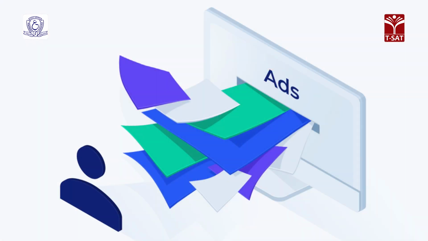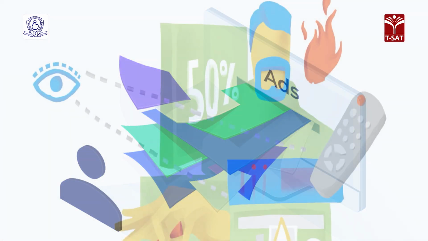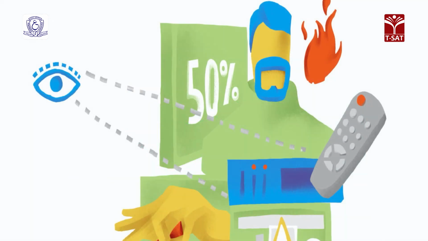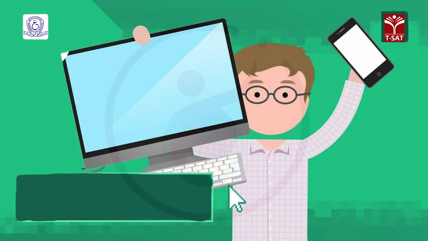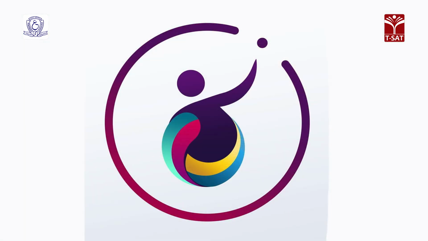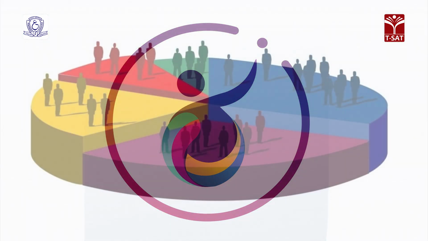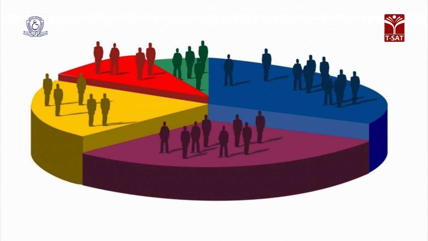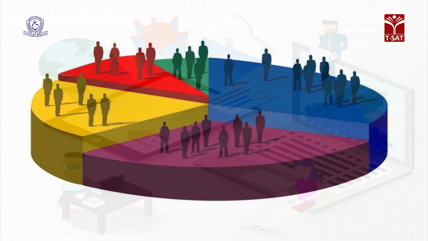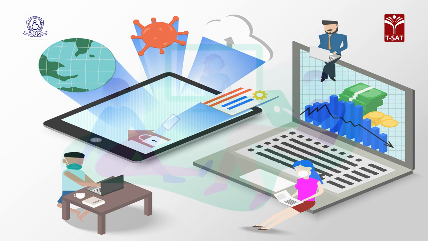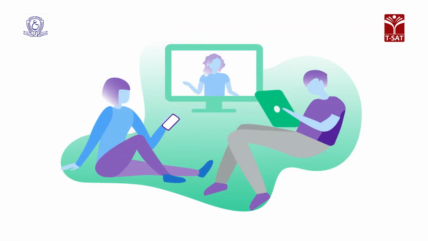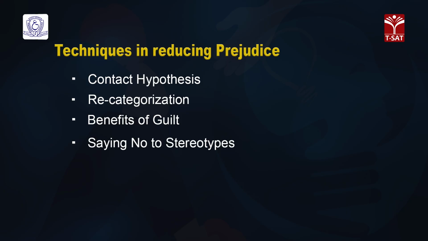Implicit stereotypes were measured using response latencies to hostile and benevolent stereotypical words in a lexical decision task. Results suggested that a combination of audience-centered and message-centered approaches may reduce racial stereotypes which were activated by news stories. The next technique of reducing prejudice is social influence.